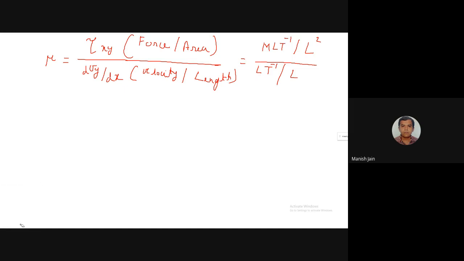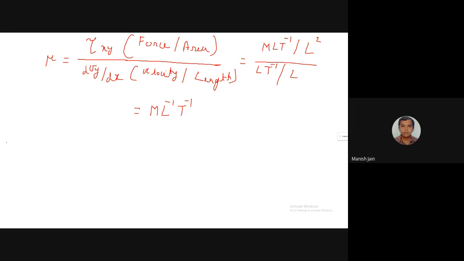Okay, so these are the dimensions. Now when you solve this, you will get mass per unit length per unit time. These are the dimensions of the viscosity.